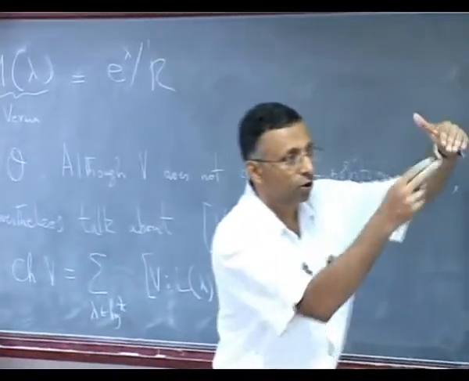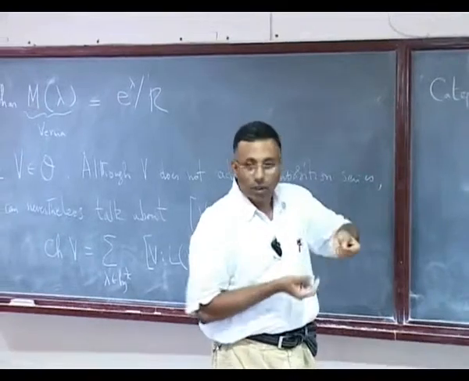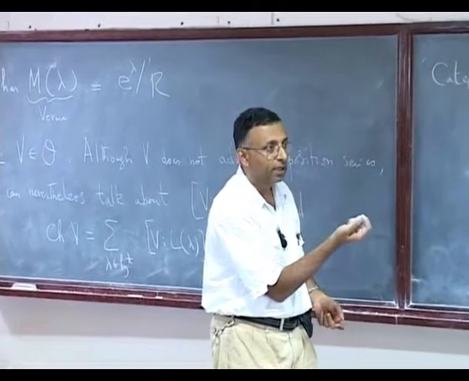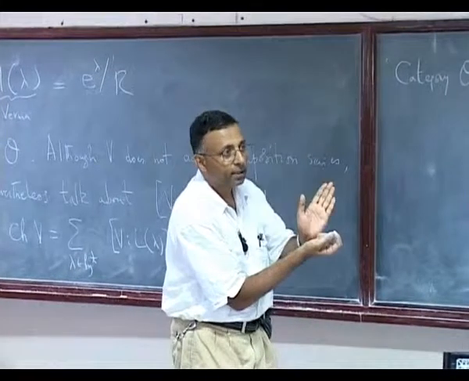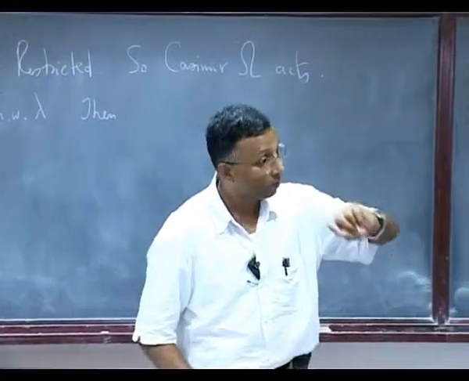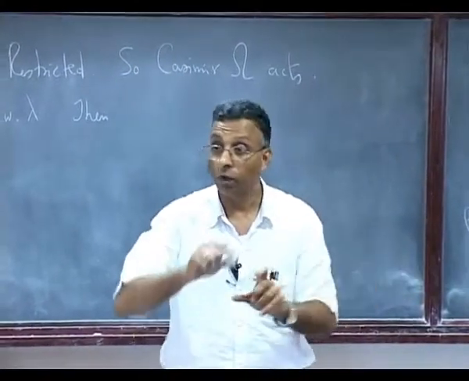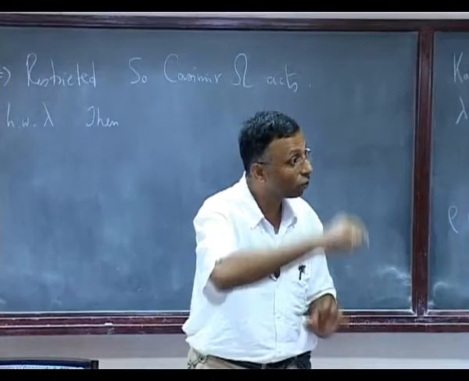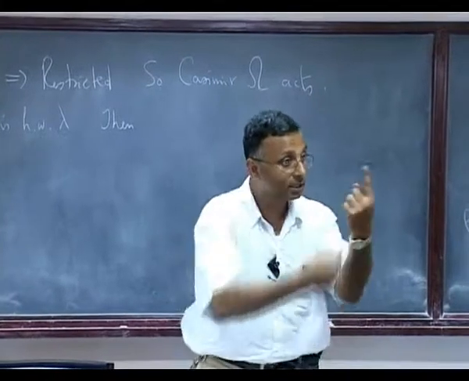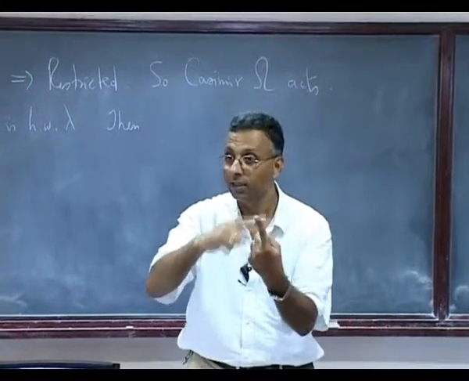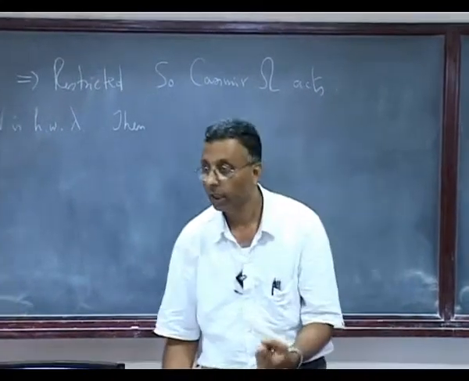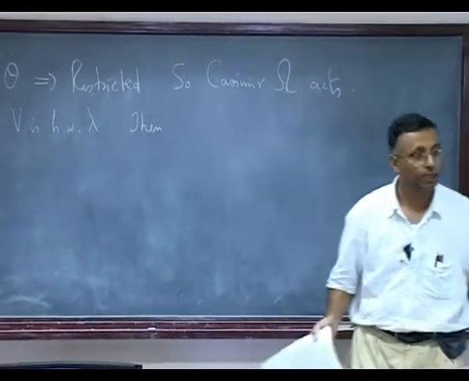If you have a category O module, you take an element, which you can assume without loss of generality to be a weight vector. The Casimir commutes with all elements of G, therefore it preserves weight vectors. So that weight space is single dimensional, so it will have to send that v to a multiple of itself. So that v will be an eigenvector, and then by the same argument it acts as a scalar.